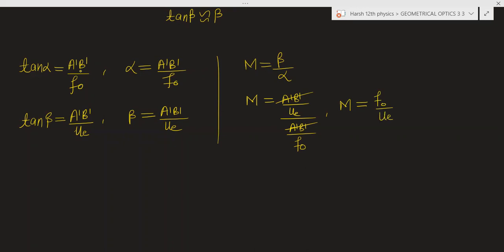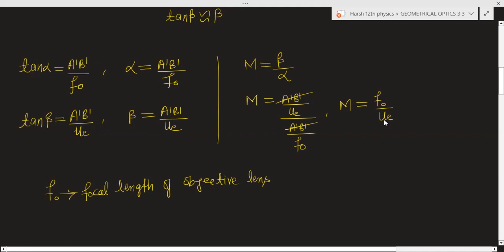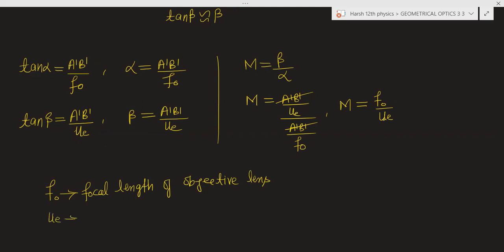What is FO? FO is the focal length of the objective lens. UE is the object distance for the eyepiece lens.